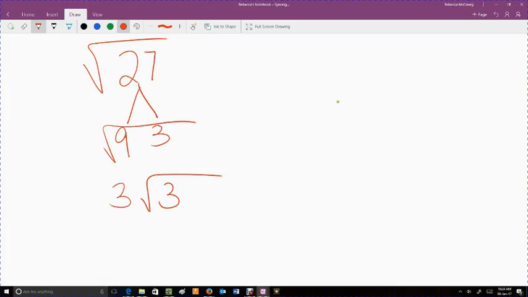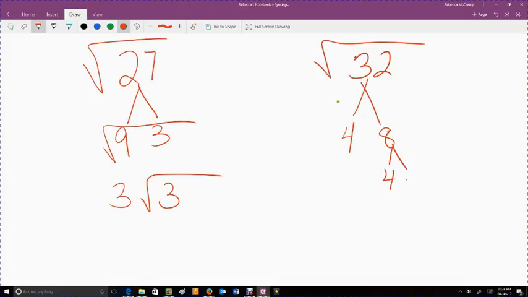All right, so let's try another one. Let's do the square root of 32. So again, we're going to break this into factors. We get 4 and 8. Now 4 is a perfect square, and so that's great. We're going to leave that for now. We're going to break 8. That gives us 4 and 2. So again, we've got 4 is a perfect square. We're going to leave that, and then we're left with 2.